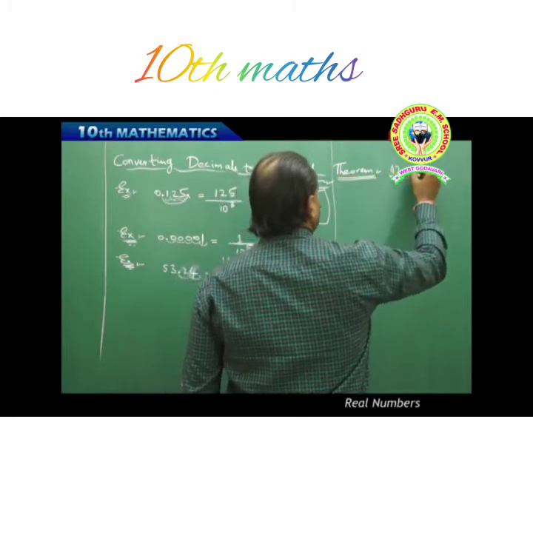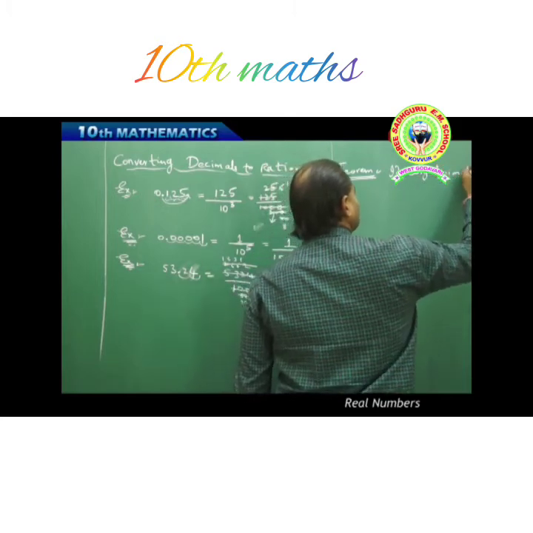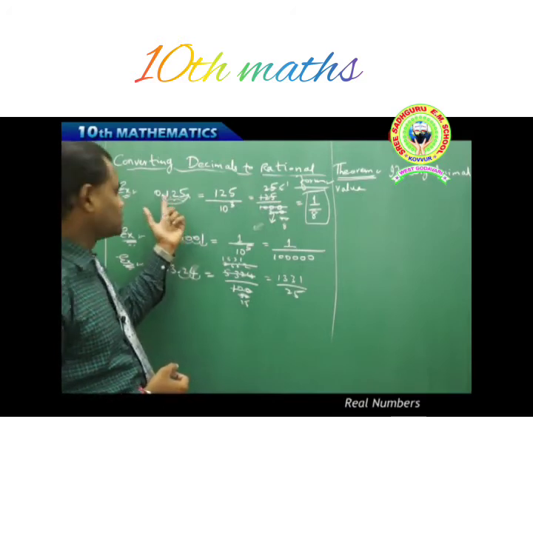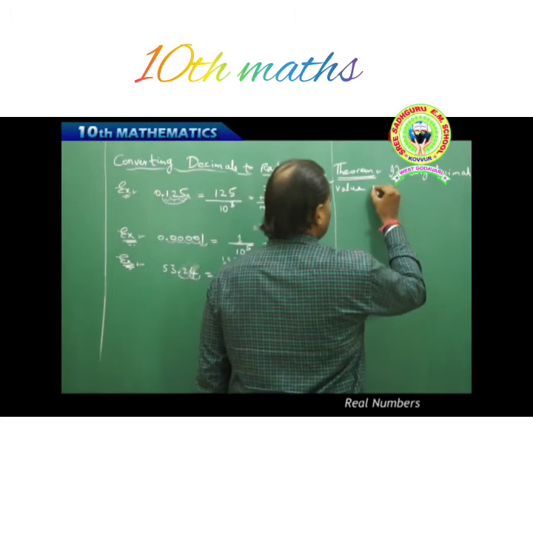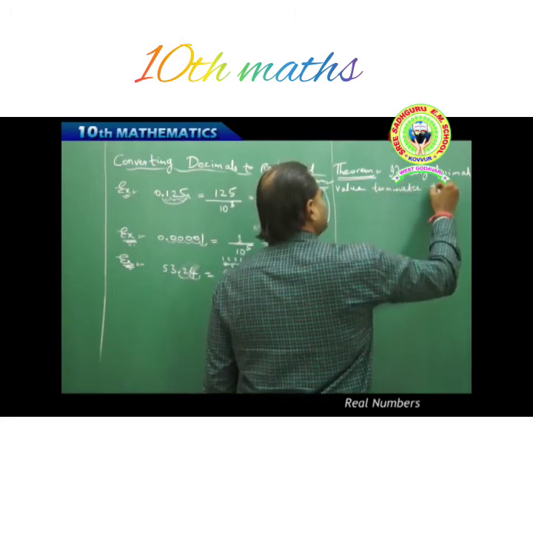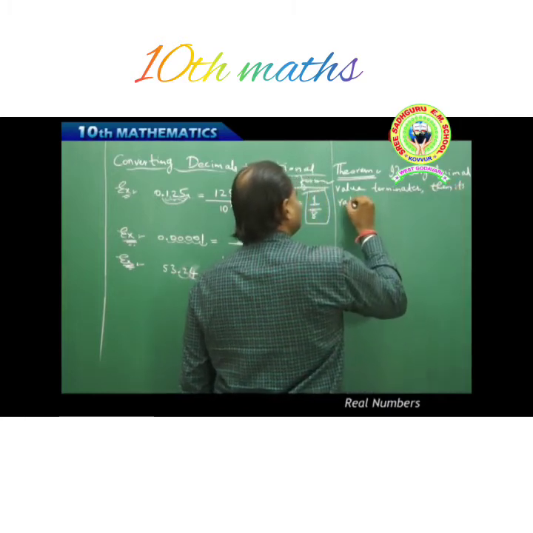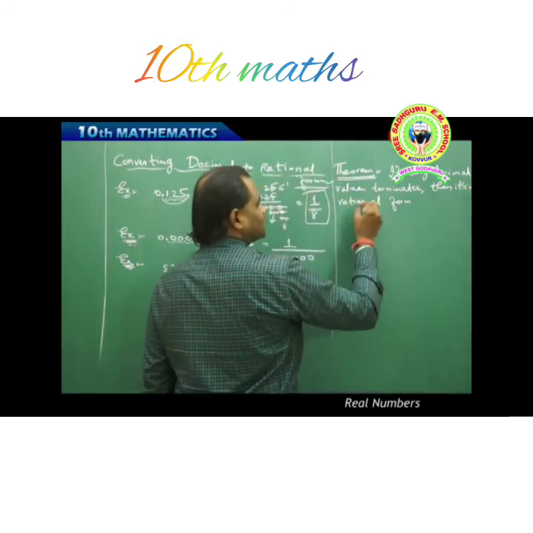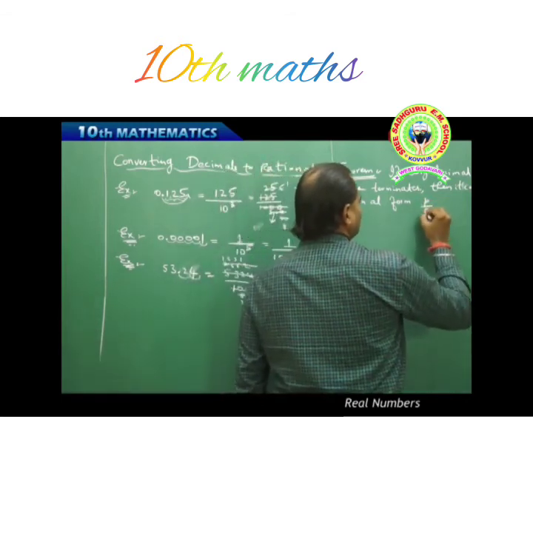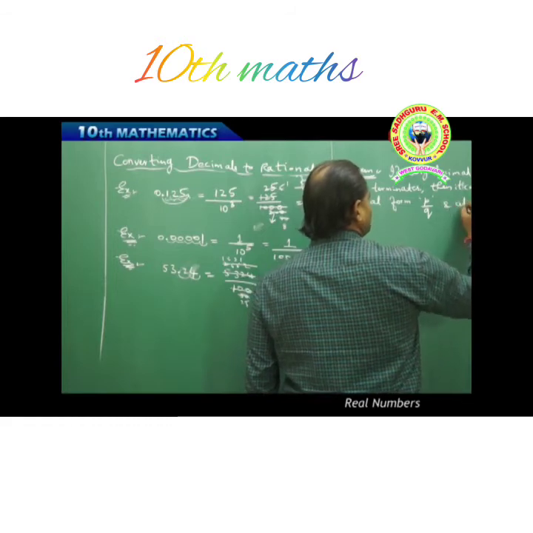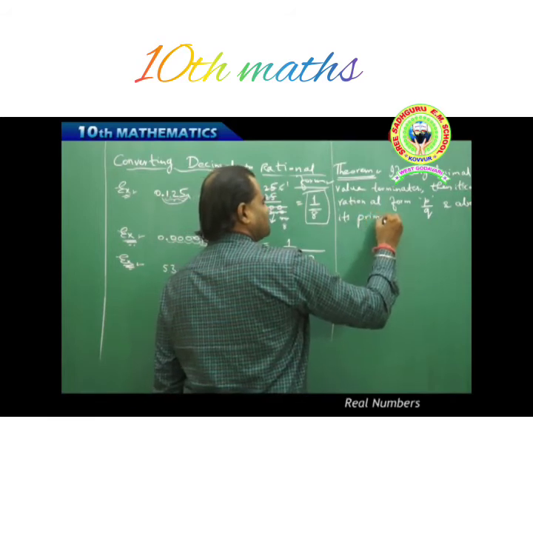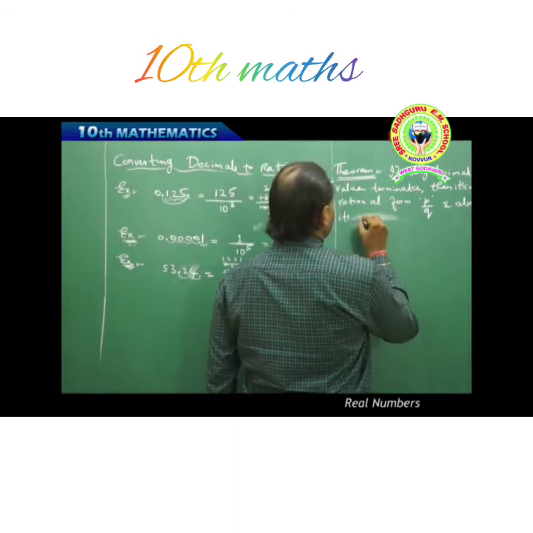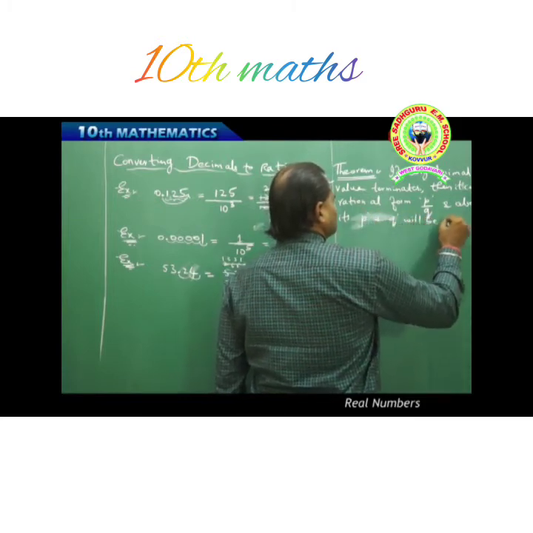If any decimal value terminates, because in every case I have taken decimal values which terminate, they have some ending, then it can be expressed in rational form P by Q, and its most simplified answer will be such that its P and Q will be coprimes.